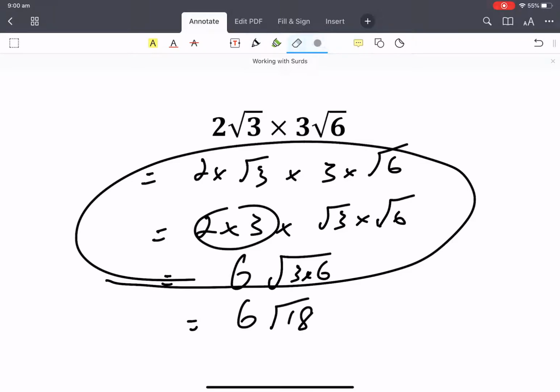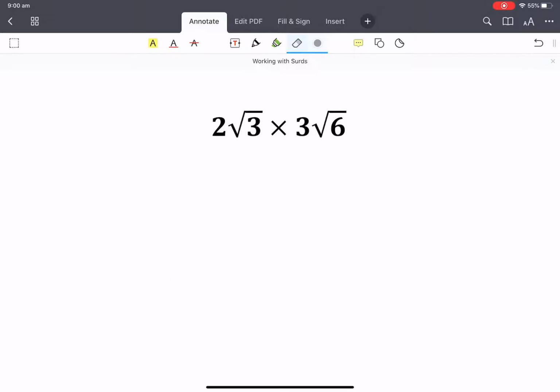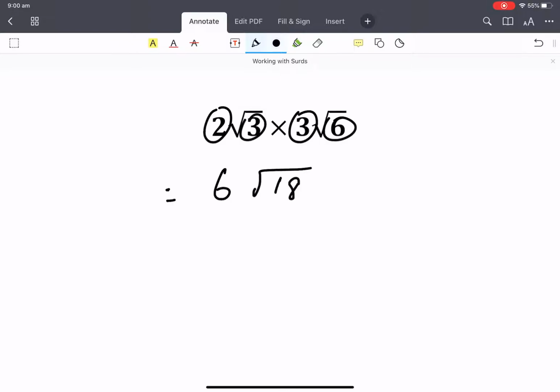Probably not. 2 3s are 6, and root 3 times root 6 is root 18.